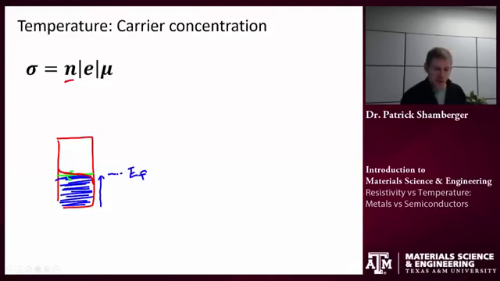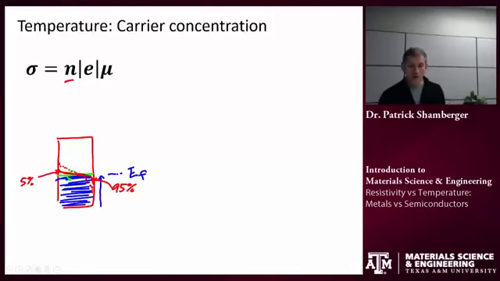So this is a probability distribution of occupation of these different energy levels. At some energy a little bit below the Fermi level, maybe I have a 95% chance of occupying it. At some energy a little bit above, maybe I have a 5% chance of occupying it. The larger the temperature is, the more smeared out this distribution becomes.